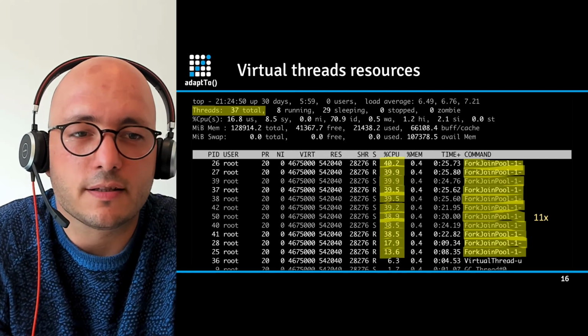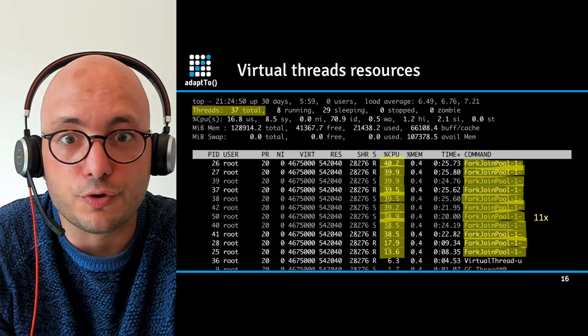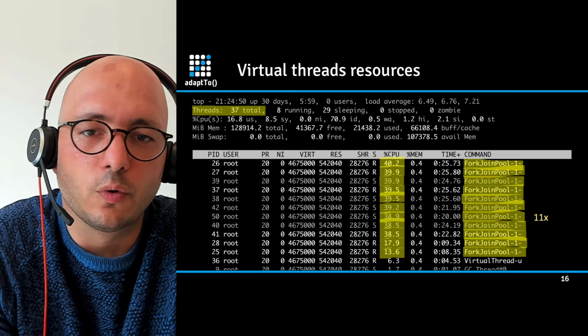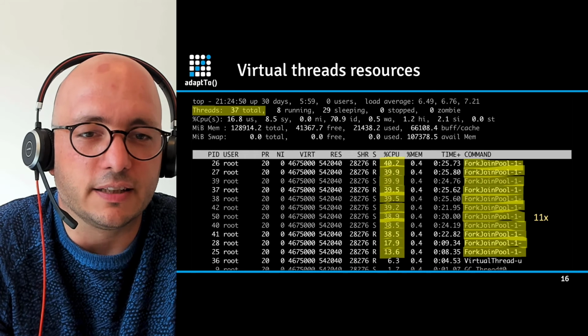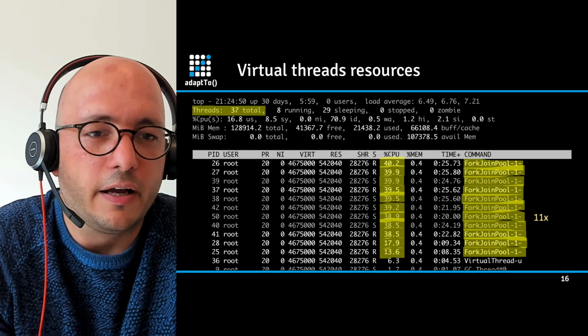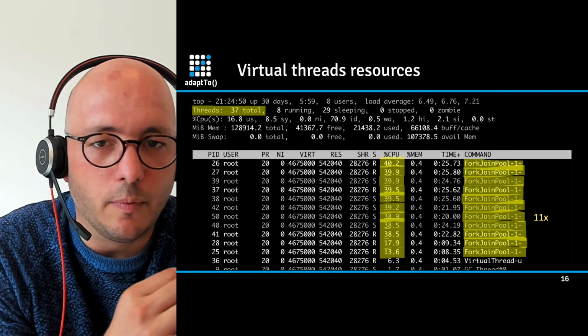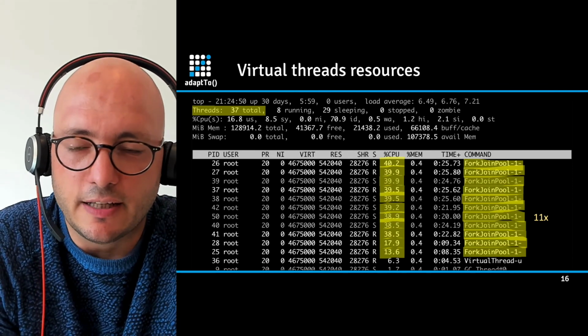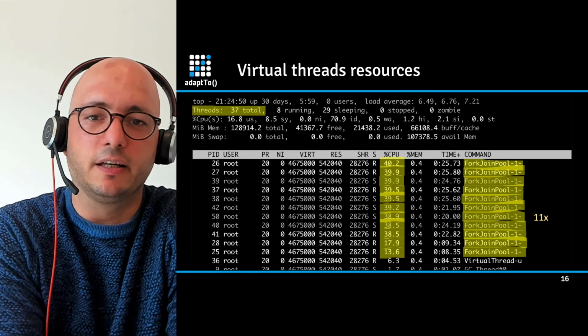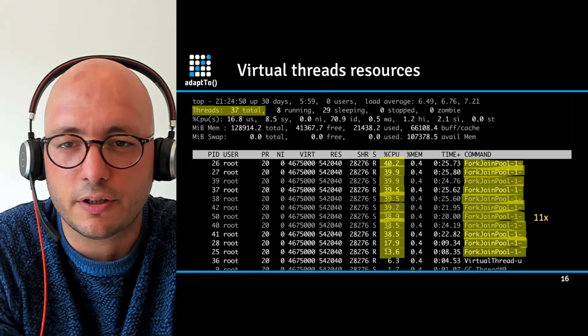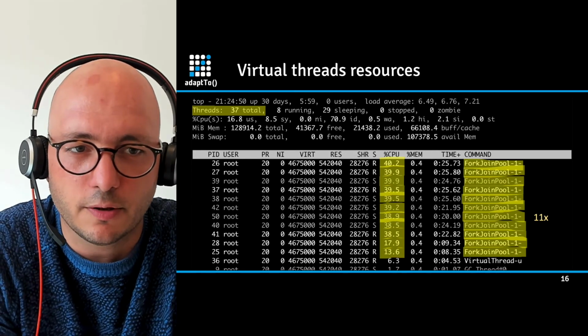So much fewer threads, and much more used. It's also interesting to observe that the scheduler being used by Loom is the Java standard fork join executor. I mentioned in the beginning that this executor could be plugged. That's the default one that comes with Loom at the moment.